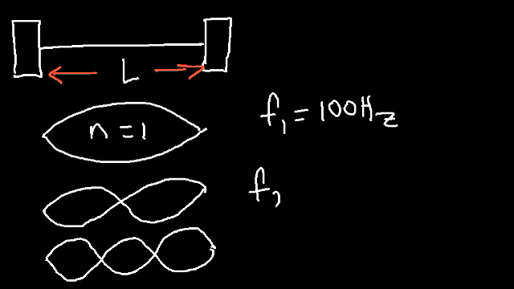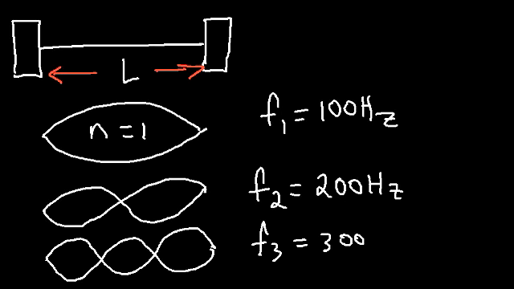The second harmonic, or the first overtone, has twice the frequency. It's 200 hertz. The third harmonic is 300 hertz. This is the second overtone. The fourth harmonic will be 400 hertz, which is the third overtone.